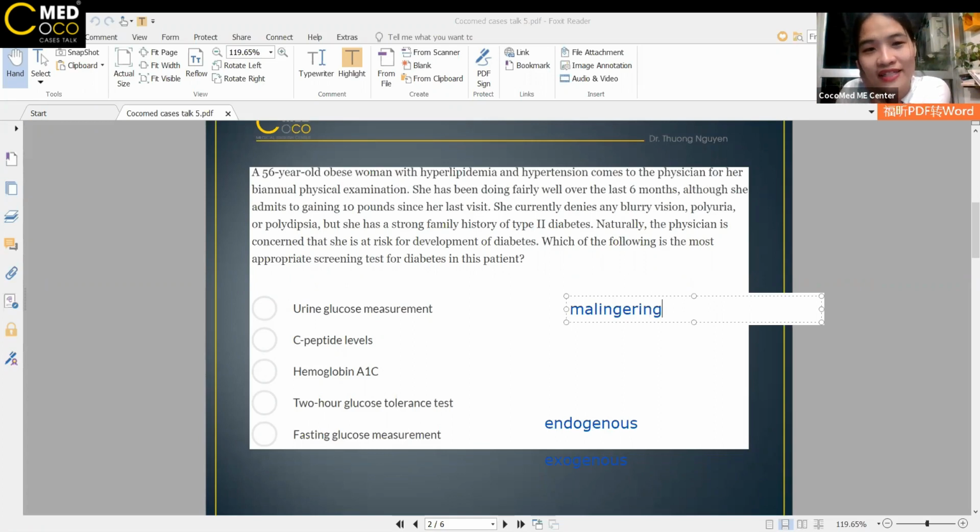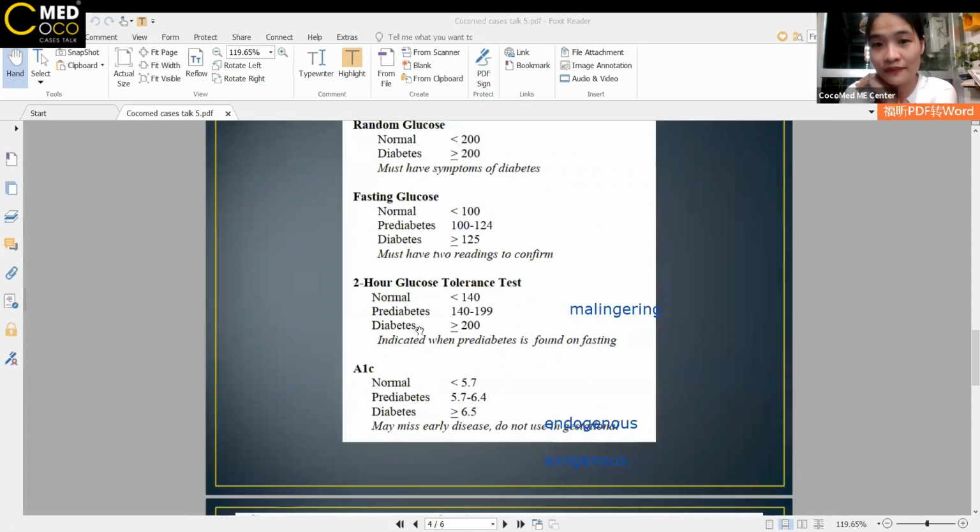The correct answer here is the fasting glucose measurement. So why do we choose fasting glucose instead of hemoglobin A1C? Because it is really accurate and used a lot in the hospital, but we need to know why we use it and why we cannot use it.